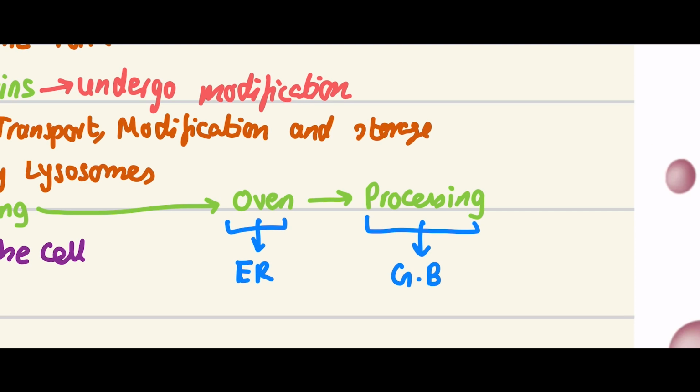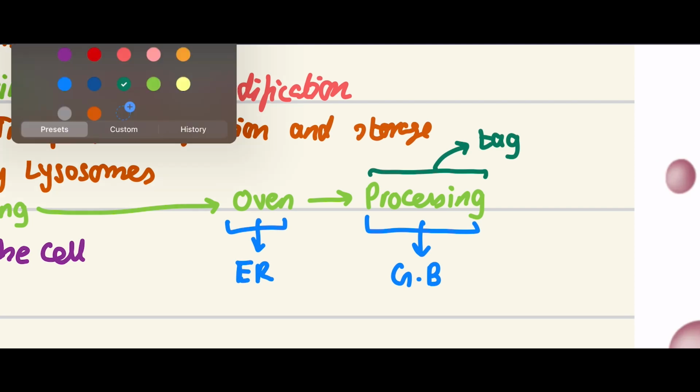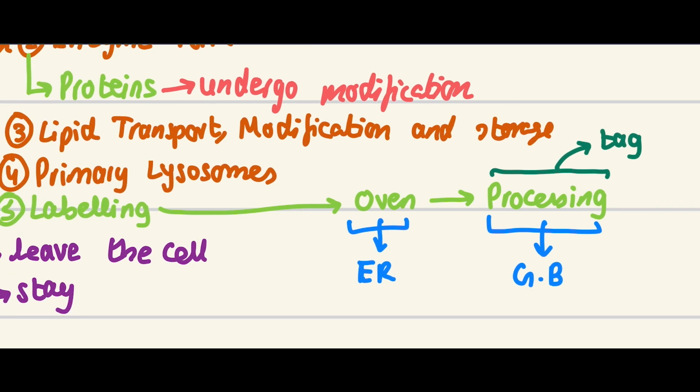If the pizza has to be delivered, I'm going to put a tag on it with the house address, or whatever I'm going to put on the receipt, the bill. I'm going to tag it for a specific place. Either it has to be delivered outside the pizza shop, or it has to be delivered to a specific table. Let's say it has to go to table 12. So I'm going to tag it, and that's exactly what it means by labeling.